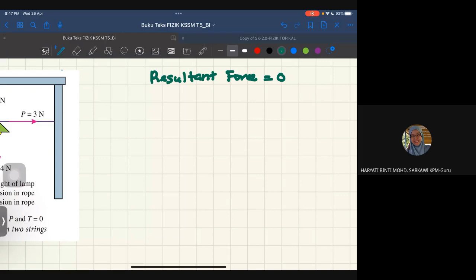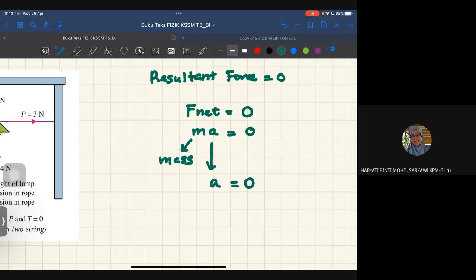So when the resultant force is equal to zero, from the formula of resultant force, F net equals zero, it means that ma is equal to zero. M is mass, so mass cannot be zero. But definitely if the net force is zero, it means that the acceleration is equal to zero.